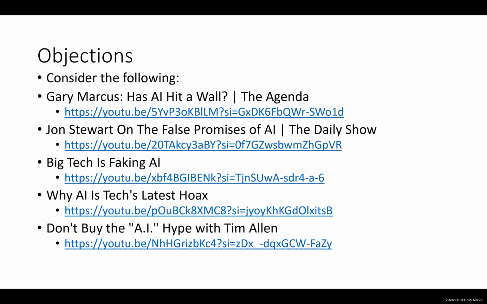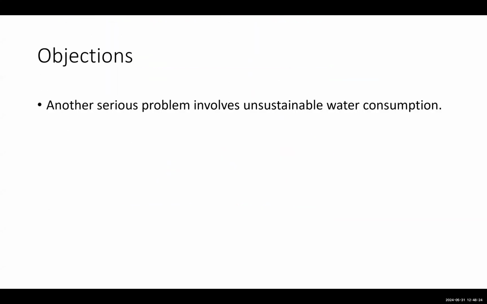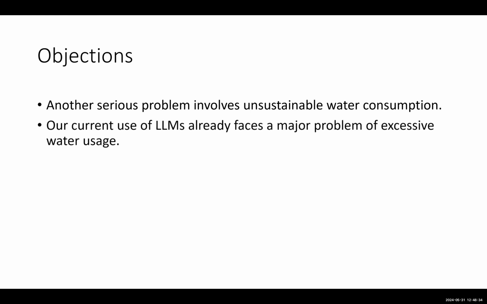All the same, there's another reason why we might push back against that second premise. The development of AI technology faces another serious challenge that involves the unsustainable use of water. Our current use of large language models already faces this problem of excessive water usage.